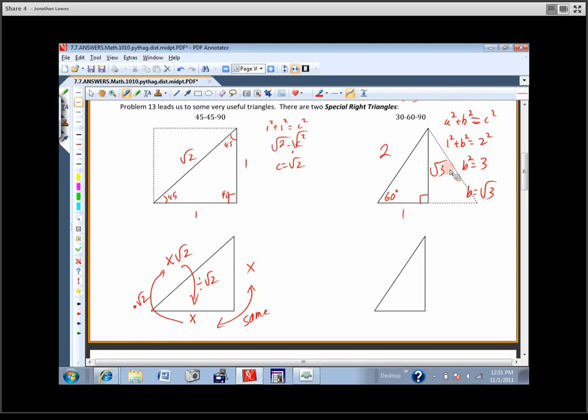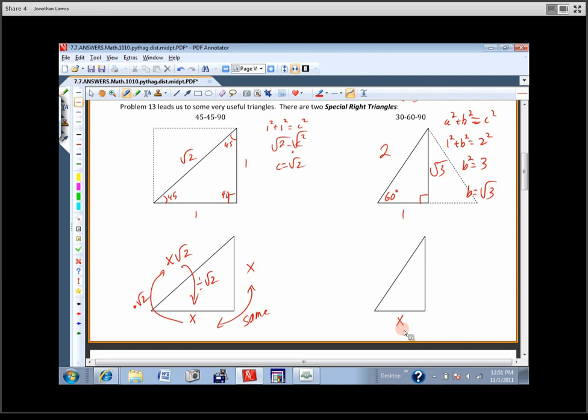Okay, now, you can memorize these numbers, those come in handy, but the pattern works really well. No matter how big or how small a 30, 60, 90 is, they always have this same relationship. So remember, we knew what this hypotenuse was from the beginning. This one is exactly half because you dropped that line straight down. And this one, we multiply that leg by radical 3 because of the Pythagorean theorem.